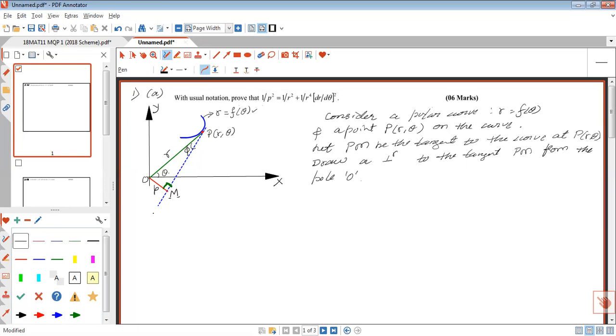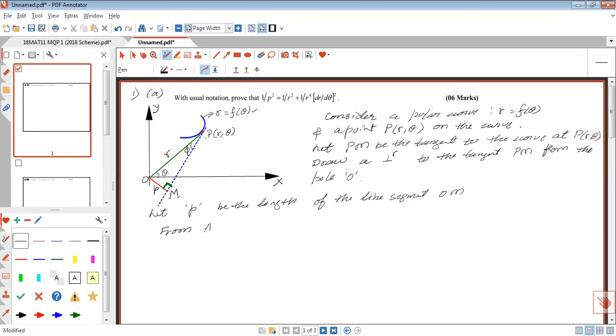Then we denote by small letter p the length of the line segment OM, the length of the perpendicular from pole to the tangent. Now observe the triangle OPM.